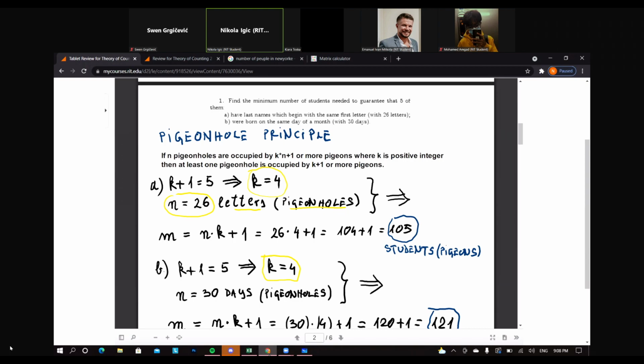Okay, there are going to be 26 holes, and the question is how many pigeons you need to have, so that in one of them there are 27. Something like that is going to be the question.